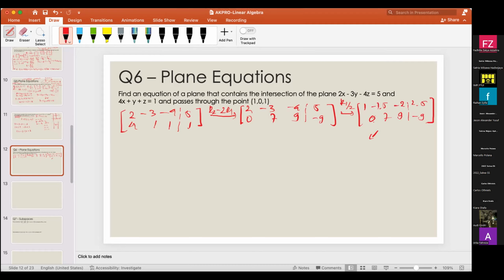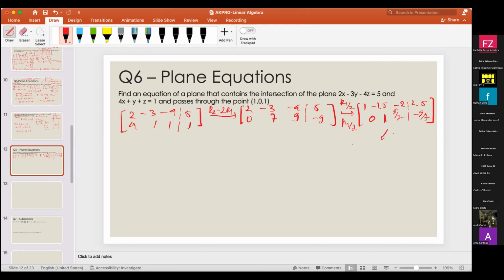But first, if you want, you can divide this by 7, which is R2 over 7. I can just do this here just to save space. Which is 1, 9 over 7, negative 9 over 7.